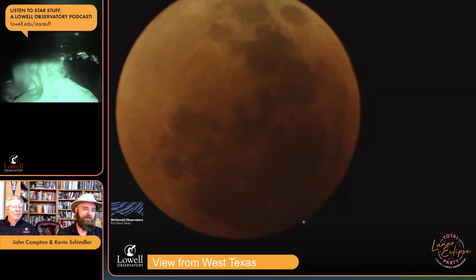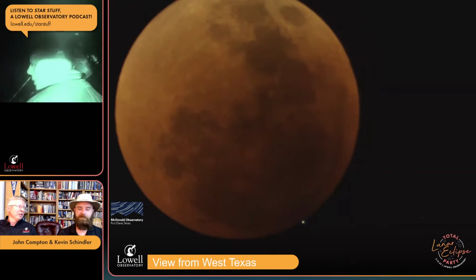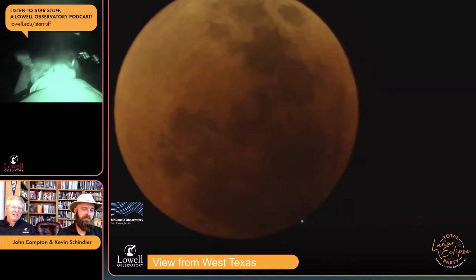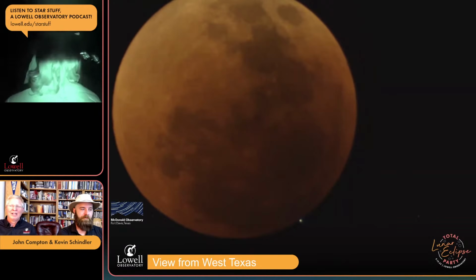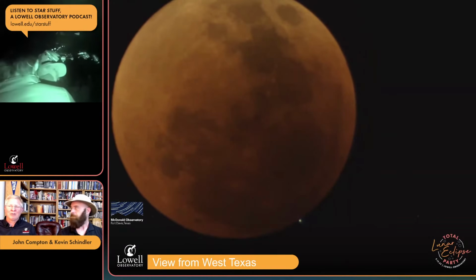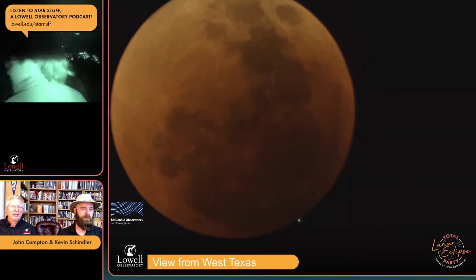This reminds me of our scale models here at the observatory, because when we start talking about distances, we can visualize what a foot is, or even a mile. But millions of miles, or billions of miles, what does that mean? So it's easy to set up a scale model. We have one here at the observatory where an inch equals 1 million miles.